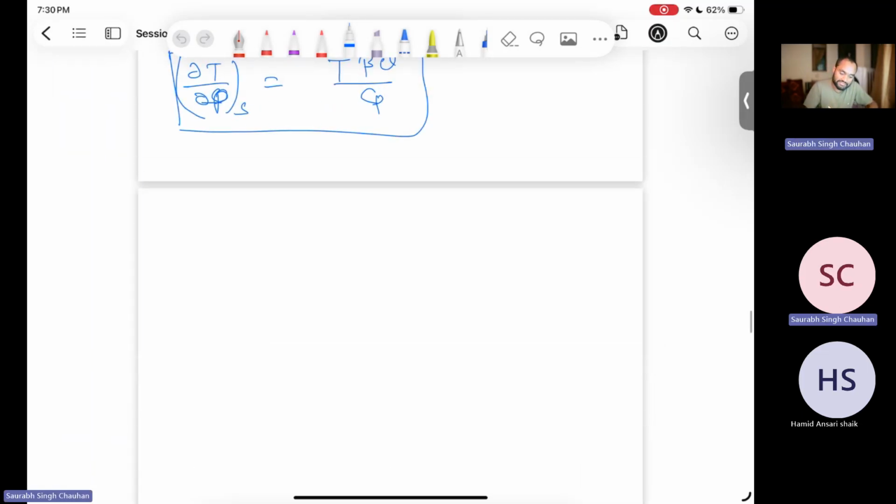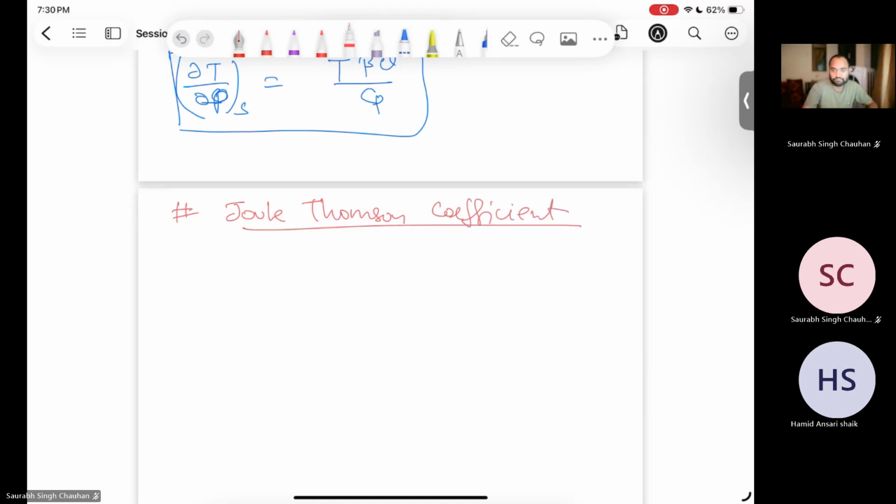You know the Joule-Thomson coefficient. I'm doing this question so that we can also discuss the Joule-Thomson coefficient. The Joule-Thomson coefficient mu is del T by del P during a throttling process or isenthalpic process.